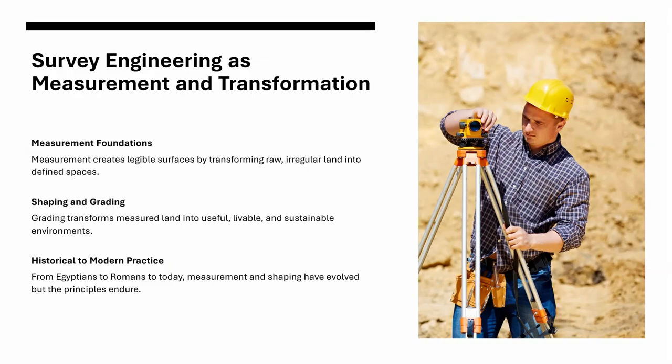This pairing, measurement and transformation, is as old as civilization. The Egyptians measured and shaped floodplains for farming. The Romans measured and shaped hills for aqueducts and roads. Today, we measure and shape subdivisions, highways, stormwater basins, everything around you. The technology changes, but the principles remain the same.